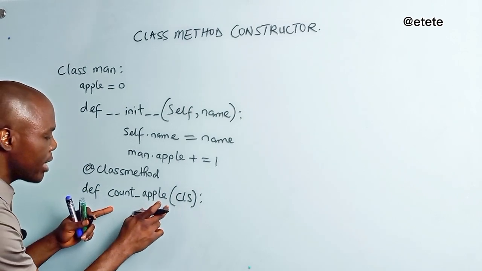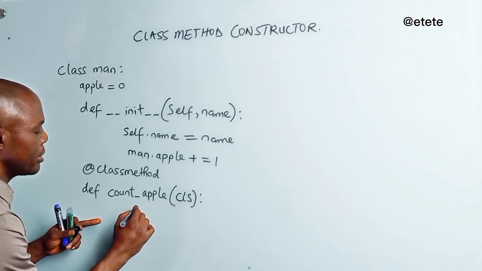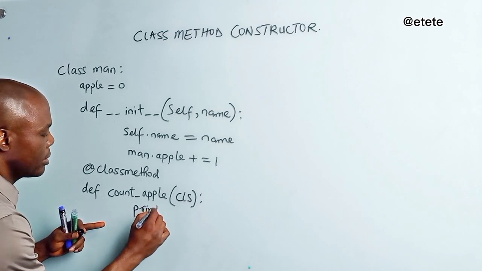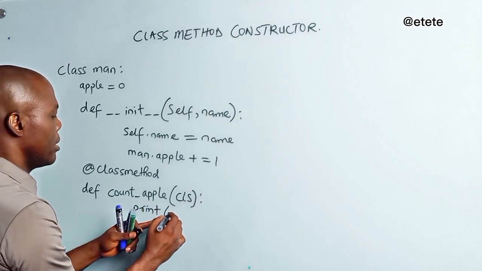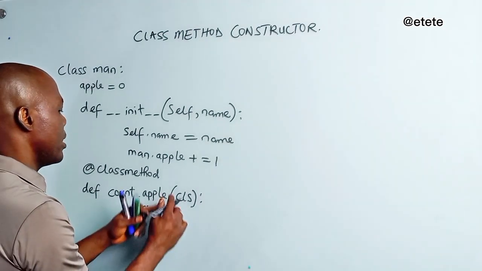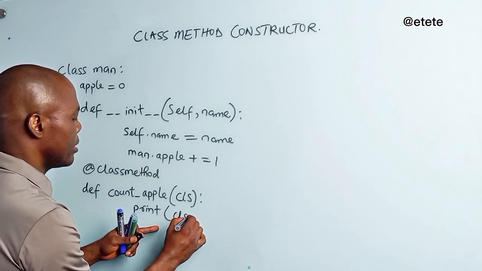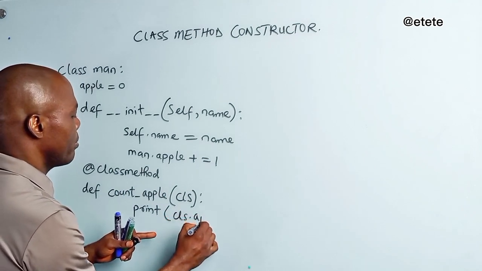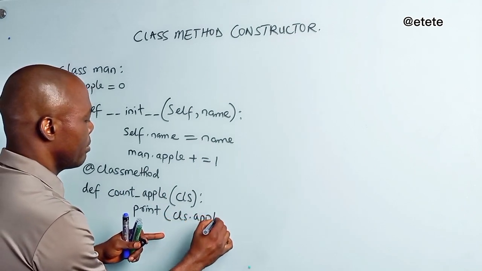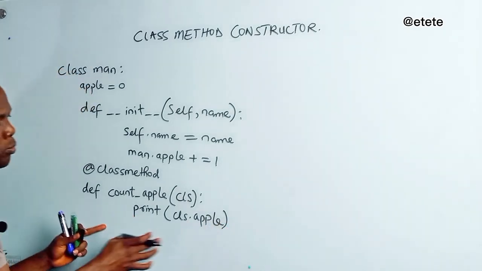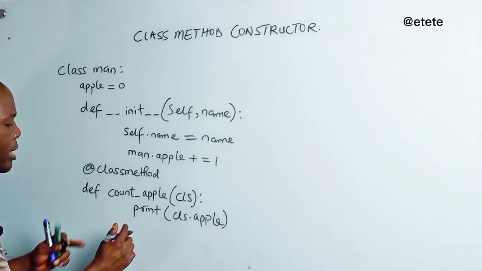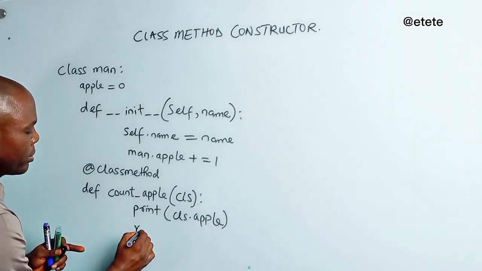So inside this count method, we'll just simply say print, right? We'll say print, and then we'll call this CLS dot apple. That is just what we want to print out inside this method. And then we'll now say return.